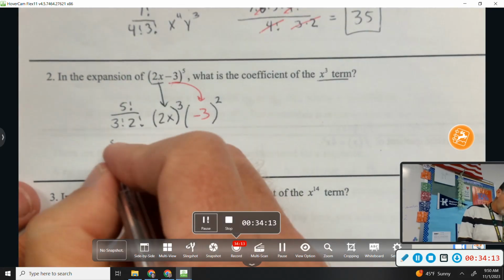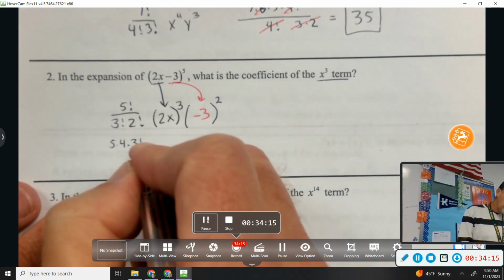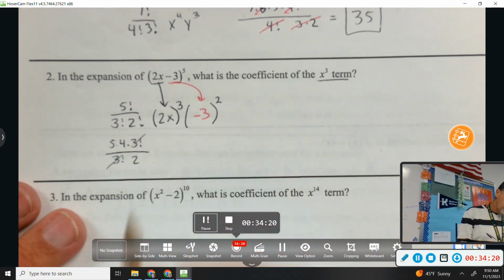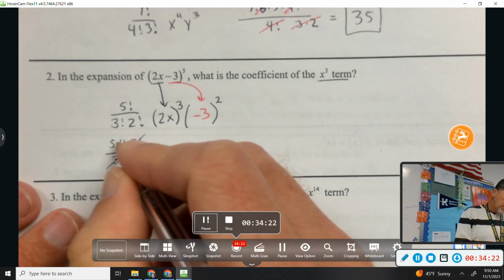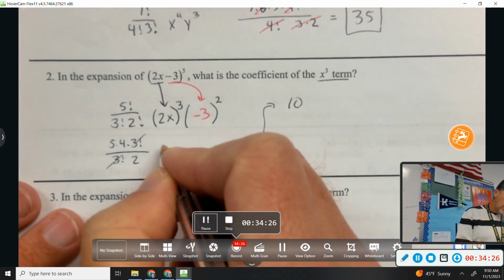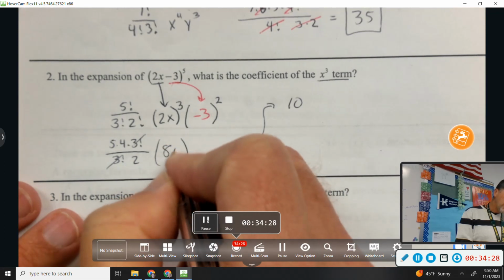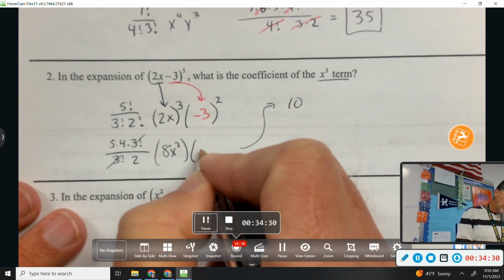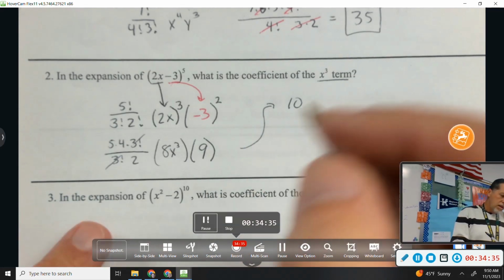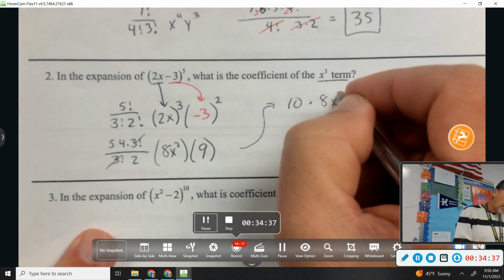So let's see, 5 times 4 times 3 factorial over 3 factorial times 2 factorial. So that would be 10. And then times 8x cubed times positive 9.